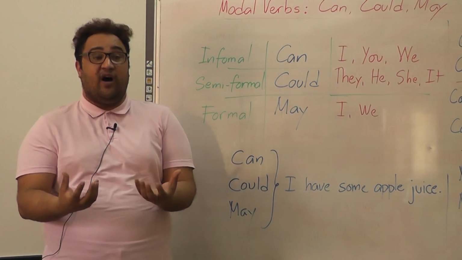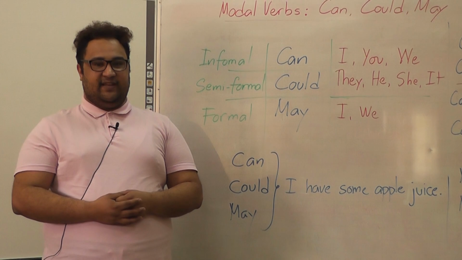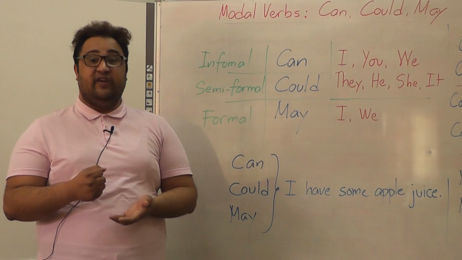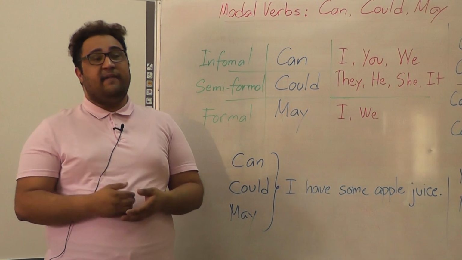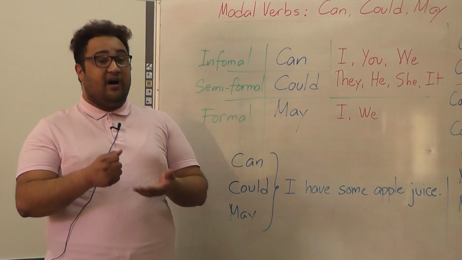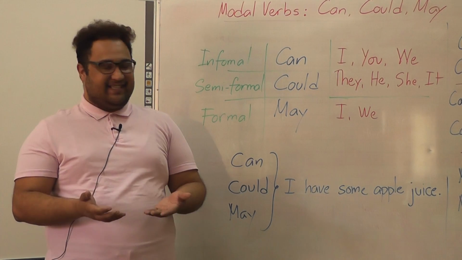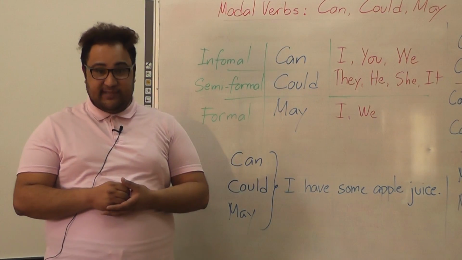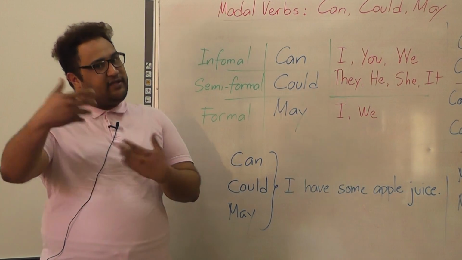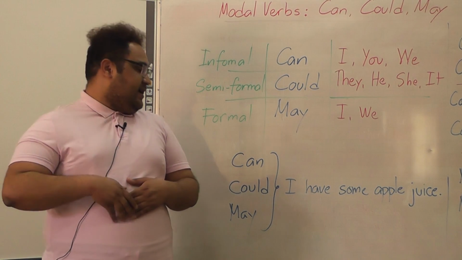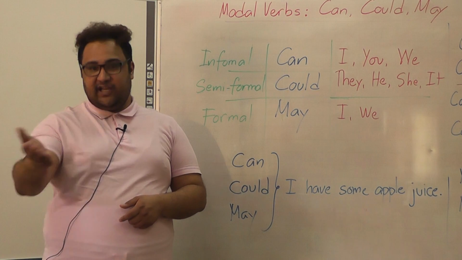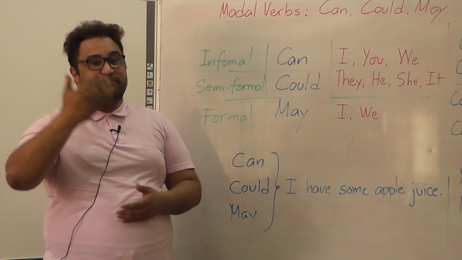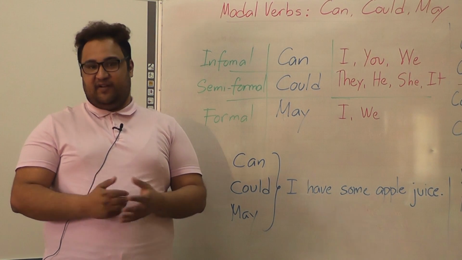For example, you are in your house and your mother is serving lunch or dinner, and you would ask her, Mom, can I have some apple juice, please? Or you may talk to your little sister, can you please pass me the chicken? Can you please pass me the vegetables?